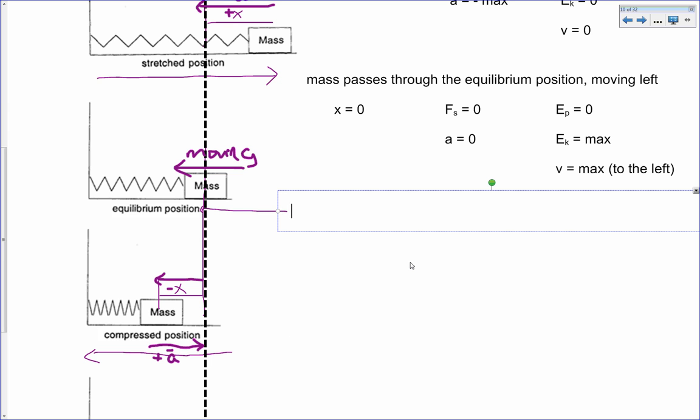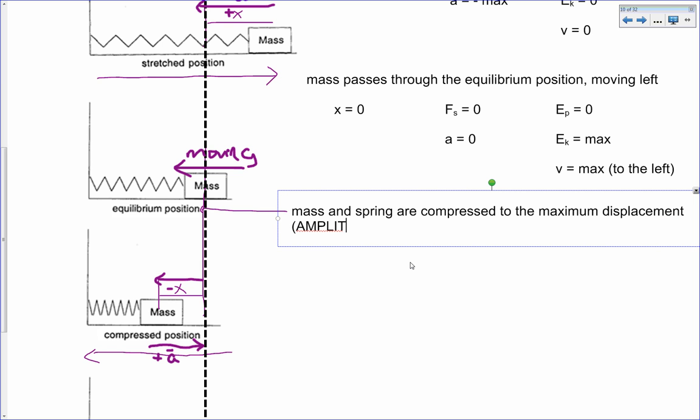Now the mass and spring are compressed to the maximum displacement, which is the amplitude. So x is equal to a negative maximum, because it's all the way left.